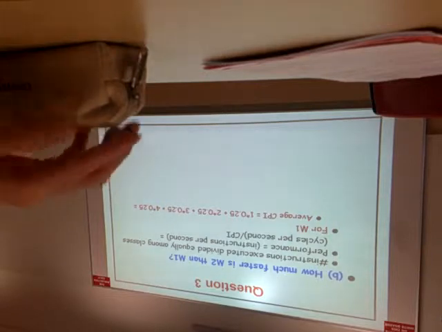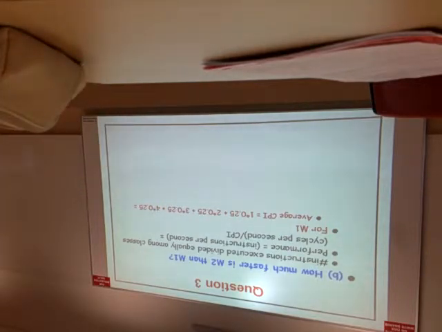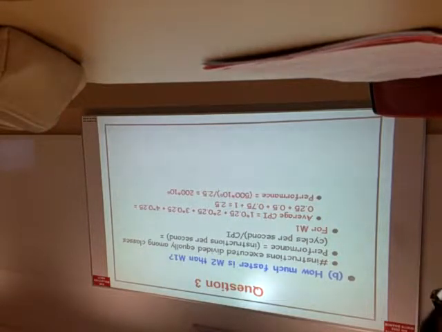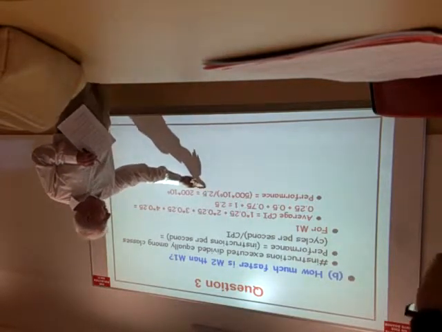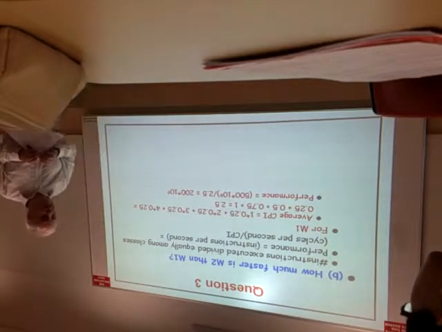So we can calculate the average CPI. Okay, so that comes out as 2.5. Therefore the performance for M1 is the cycles per second or clock rate divided by the average CPI, which is 200 times 10 to the 6.